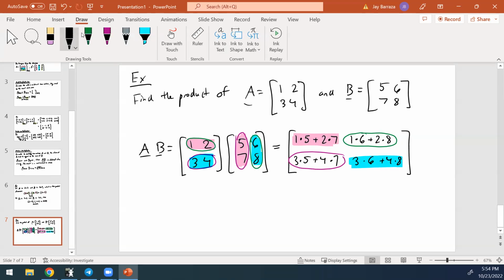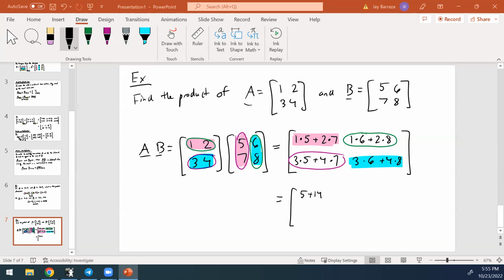Now, as I've mentioned before many times, you have to be able to do anything by hand for 2 by 2. That is a definite must. And so this is going to be equal to 5 plus 14. Is there a question there? I just want to make sure.